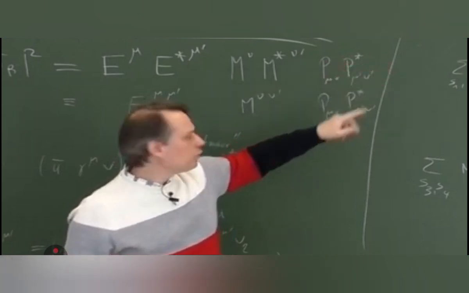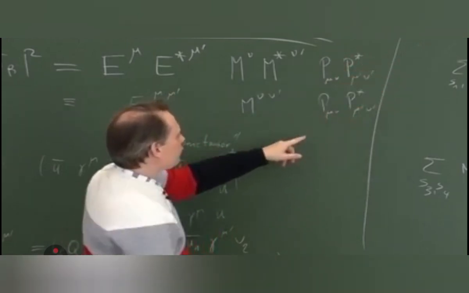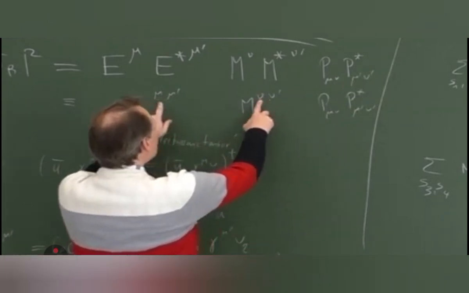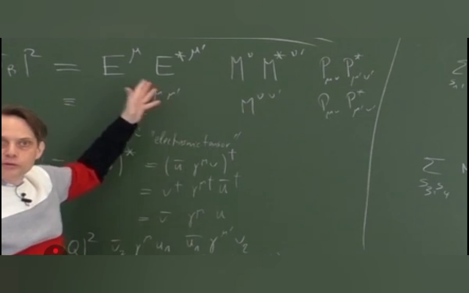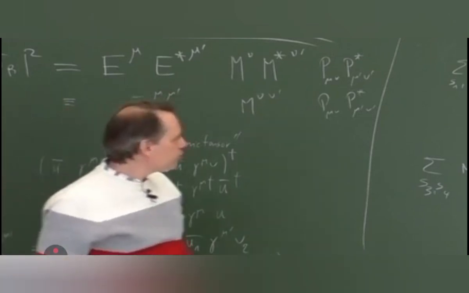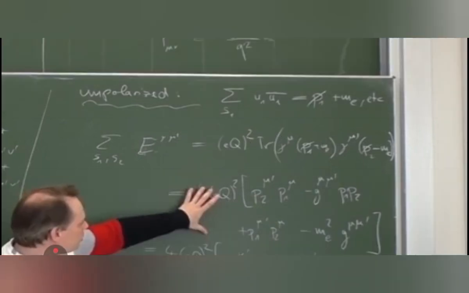So the metric tensors over there, g mu nu, they simply mean effectively that nu becomes mu and nu prime becomes mu prime, so they are contracted. And therefore the main thing that we have to do is to contract this object with that object.